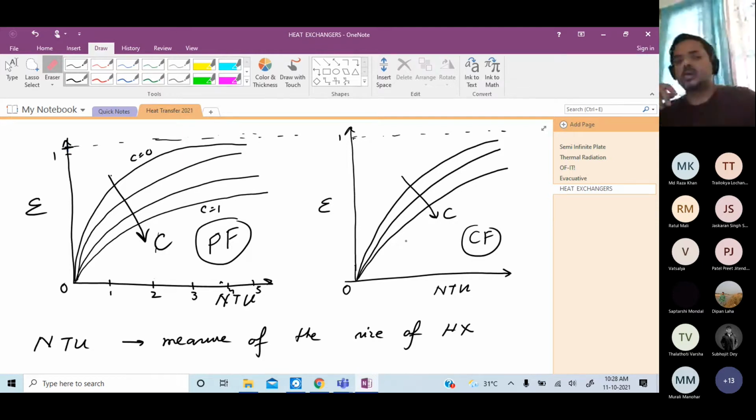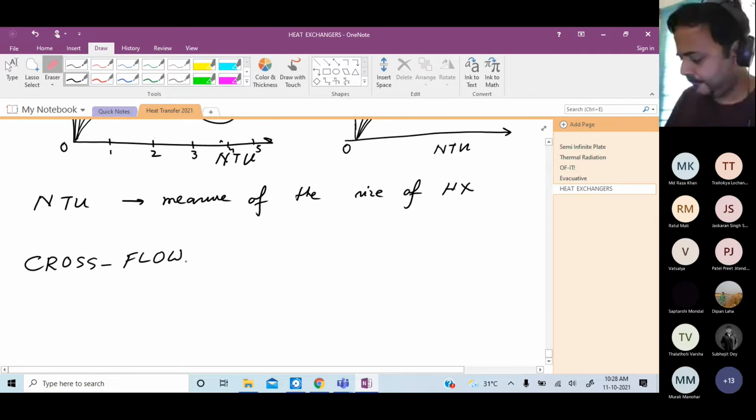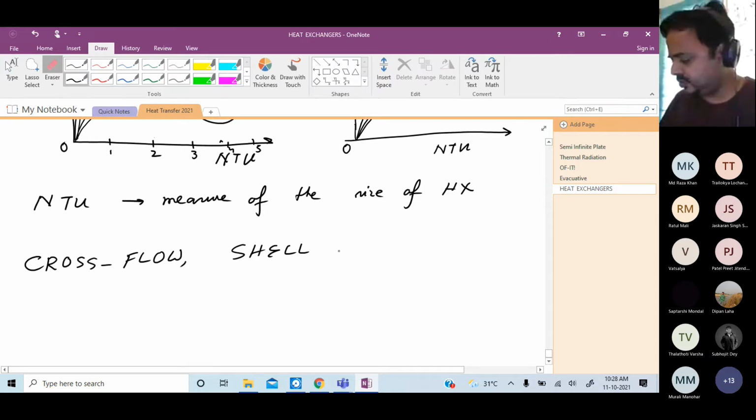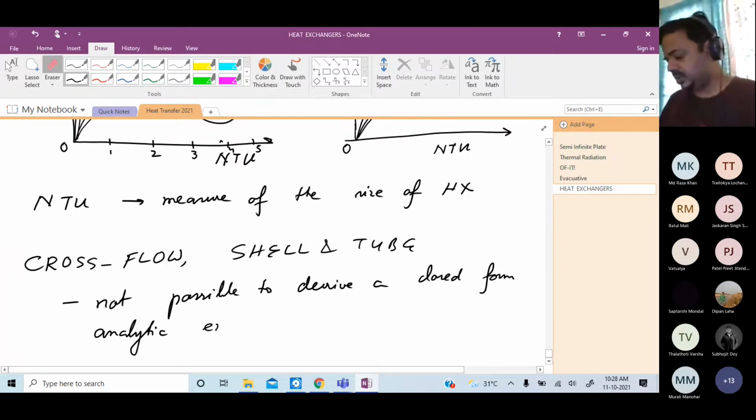Okay. For cross flow, shell and tube, it's not possible to derive a closed form analytical expression for epsilon.